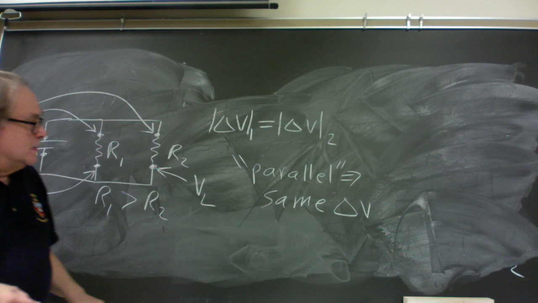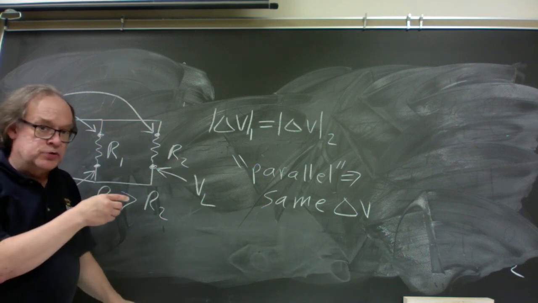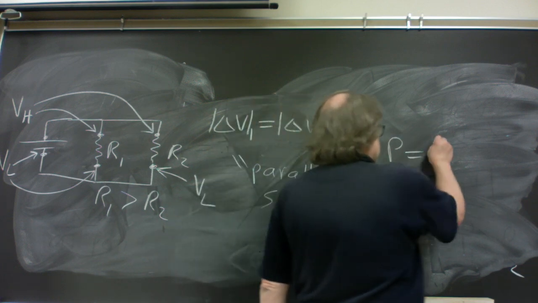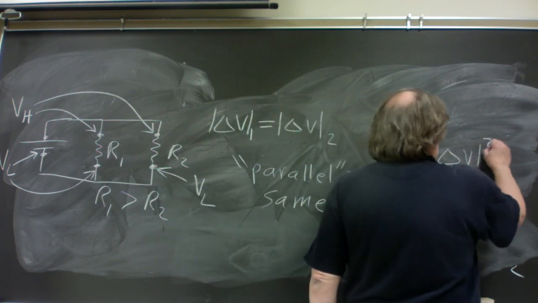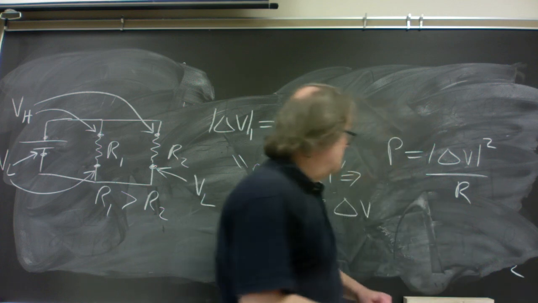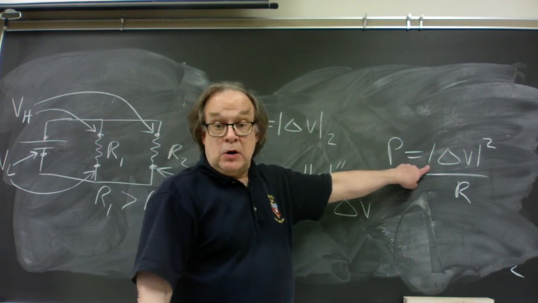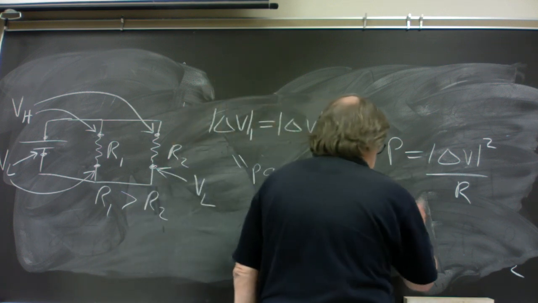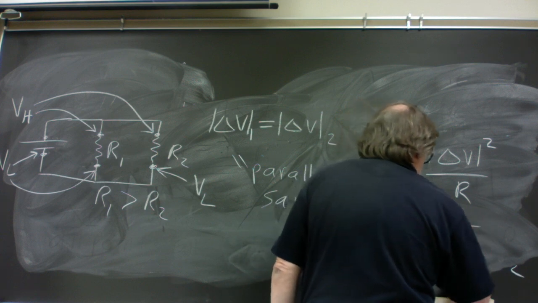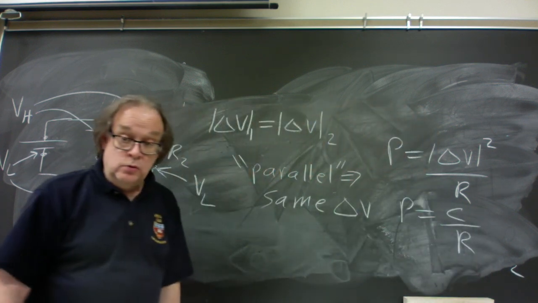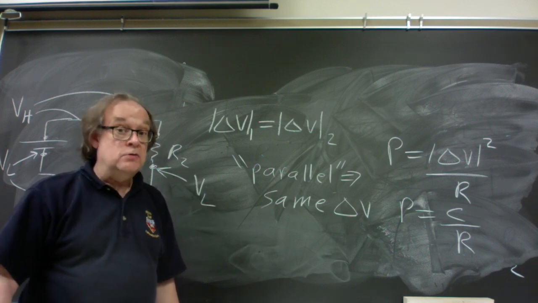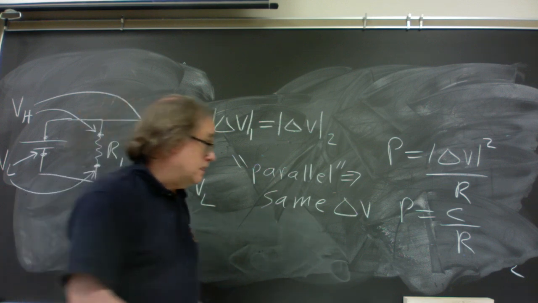Okay, now look at one of those equations that had delta V in it. Power is potential difference squared over resistance. Now, in the parallel case, this is a constant. This is the same for both resistances. So you have a power equal to some constant over a variable resistance, which means power and resistance are inversely proportional.